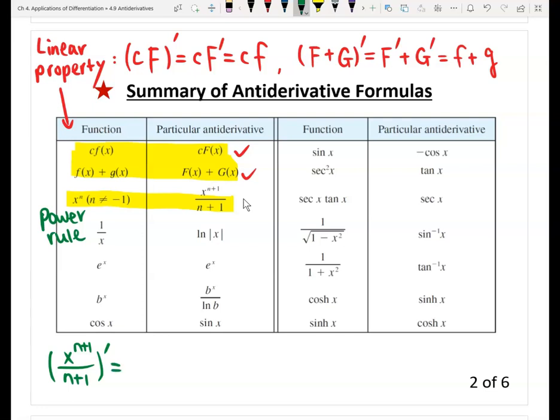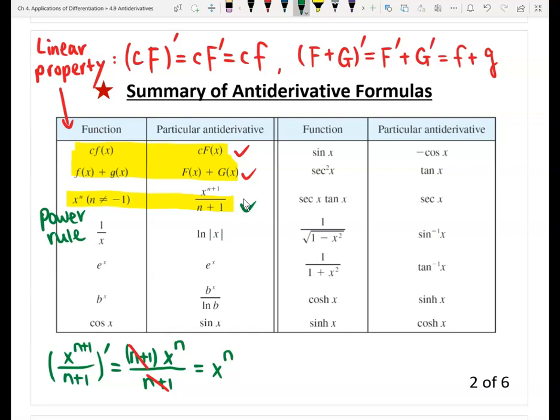N plus 1 is the bottom. The top is a power function; taking the derivative, everyone knows, take down the power and the new power is one less, which is n. We cancel the common factor, and the answer is x raised to the nth power. This means the formula is true, right?